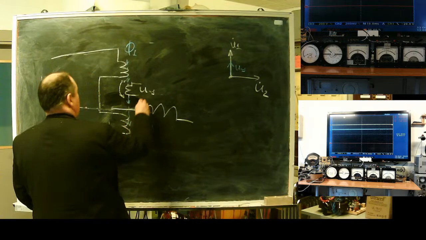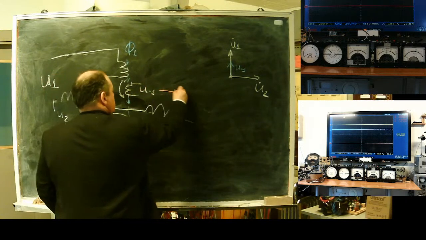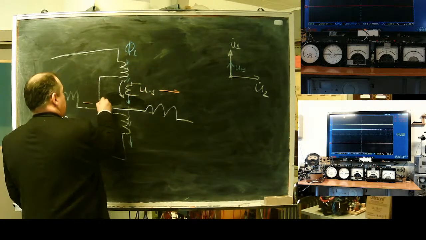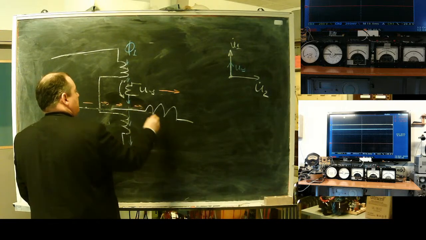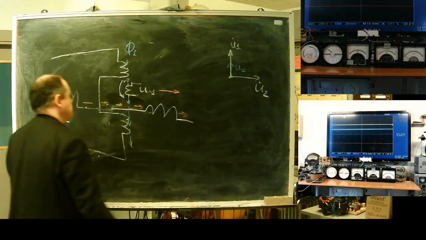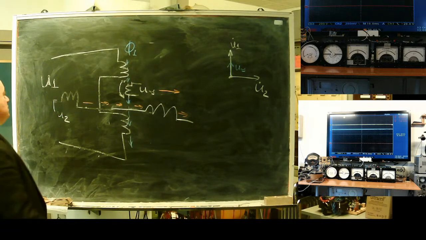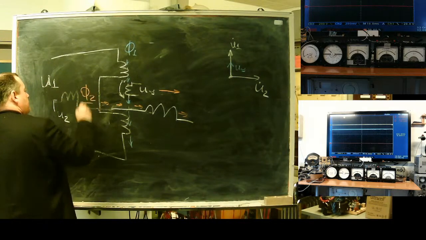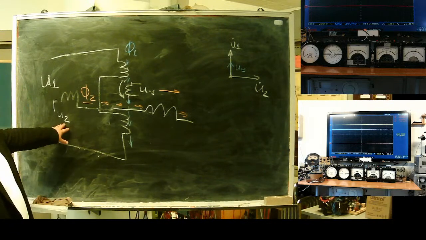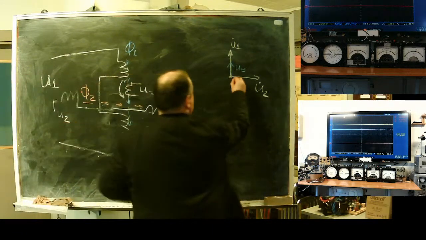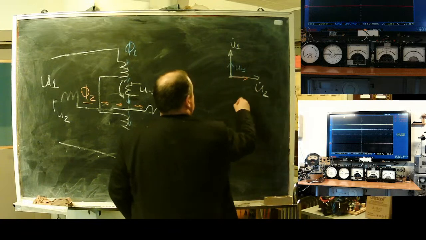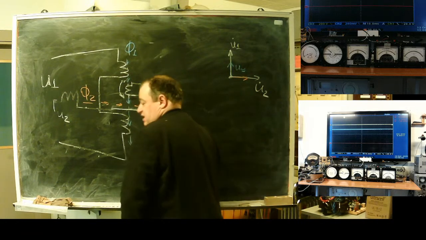I can rotate my coil in this direction. So it will be coupled with the flux Φ2, and this will be the second case.